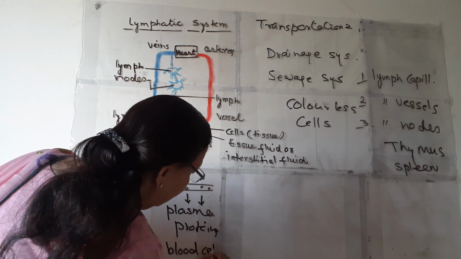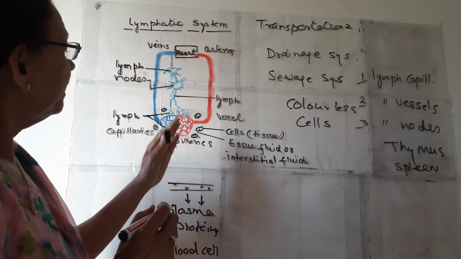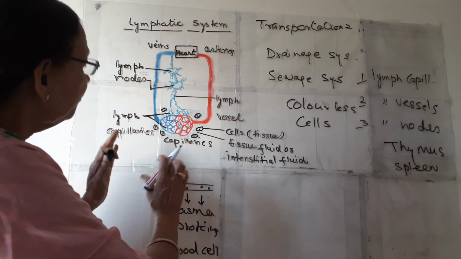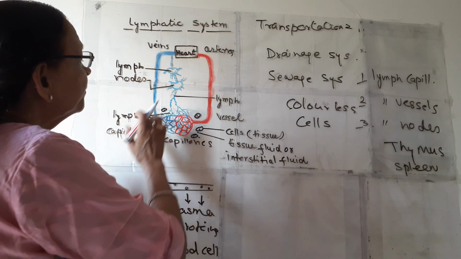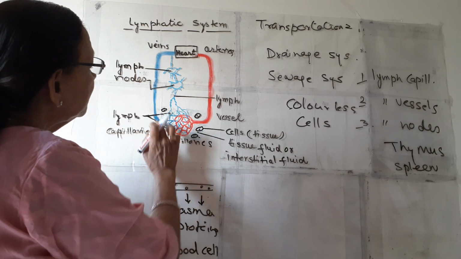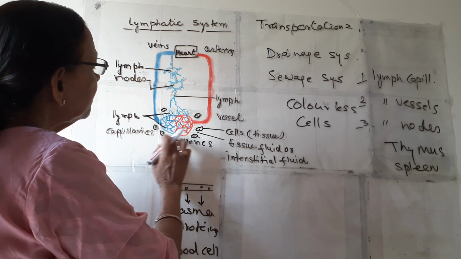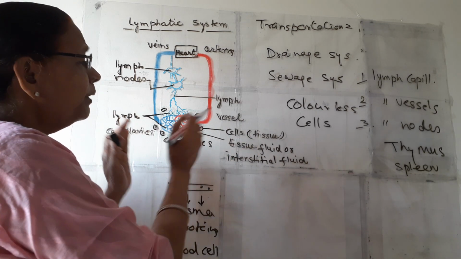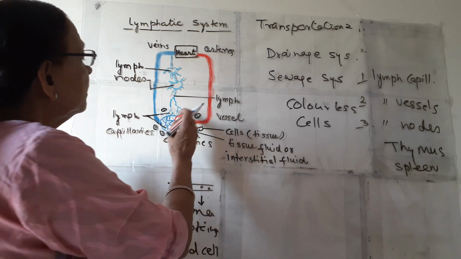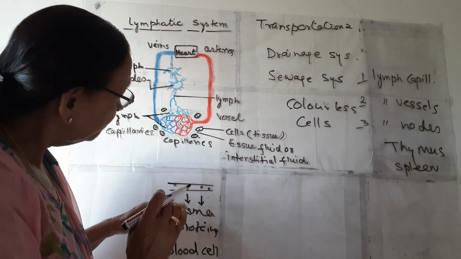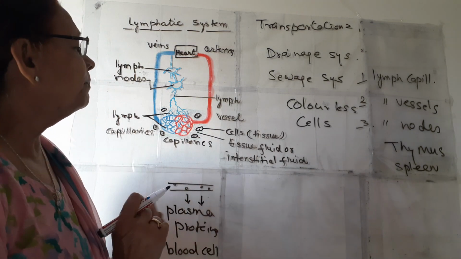This fluid is around in the tissue. You can see this portion around these capillaries is tissue, and tissue has cells. So in between the cells of tissue, the fluid which is leaked by these capillaries is present.